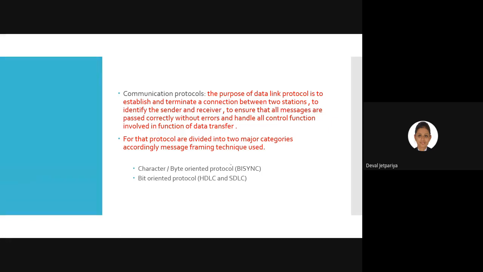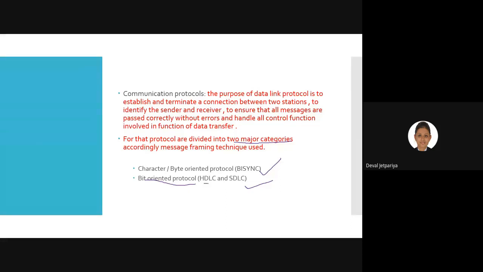Now, this protocol is divided into two major categories according to the message framing technique. Both techniques have a different formation of message. That is the major difference, right? One is byte oriented protocol, called BISYNC, and the second is bit oriented protocol.